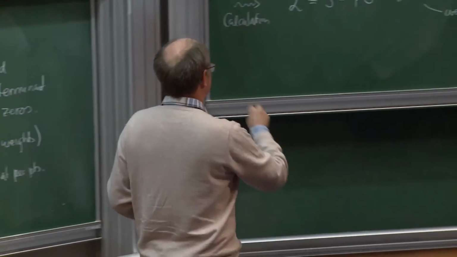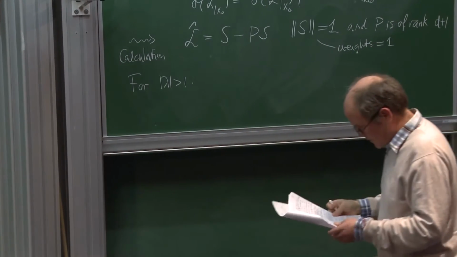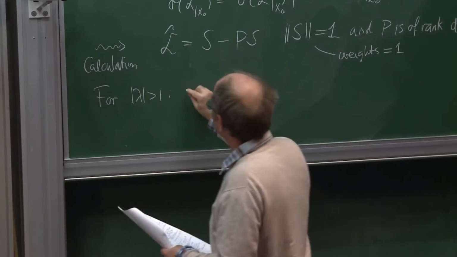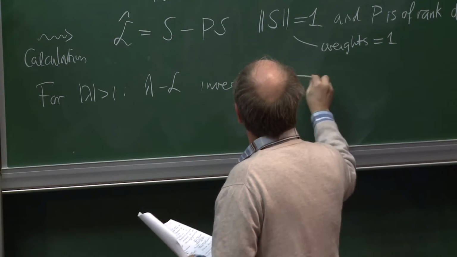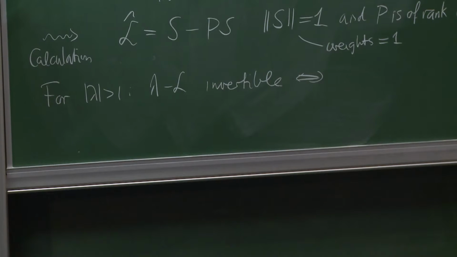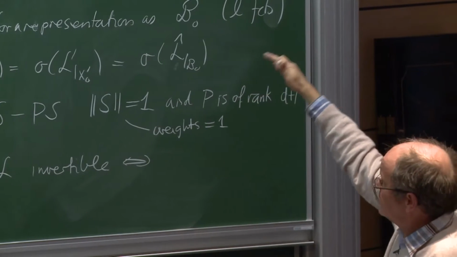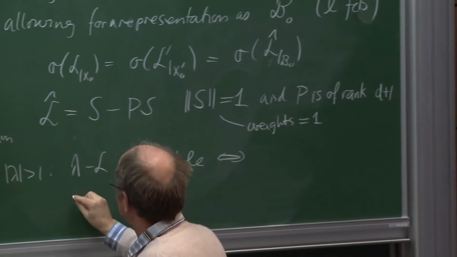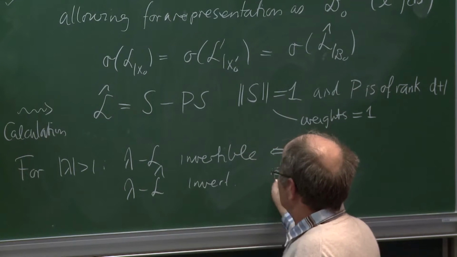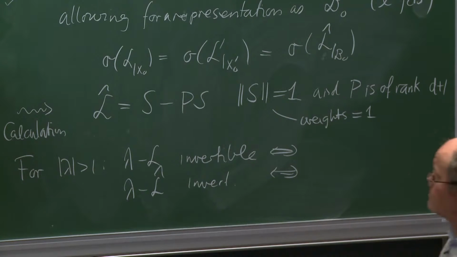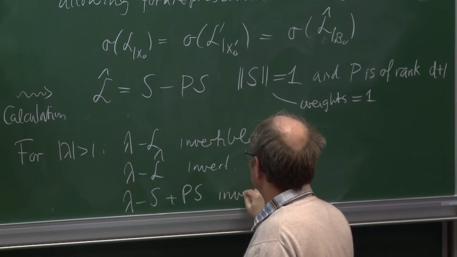If you take some value lambda bigger than 1, then you notice that lambda minus L being invertible, because of this construction where you have the isomorphism between the dual and the representation, is really the same as lambda minus L hat being invertible. But what does that look like? It's lambda minus S plus PS invertible.